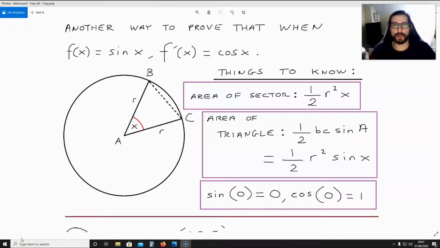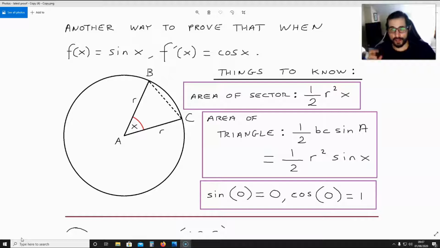Now to come up with this proof, there are three things you need to know to start off with. That is, the area of a sector is equal to half r squared times x, where x is the angle you're dealing with.